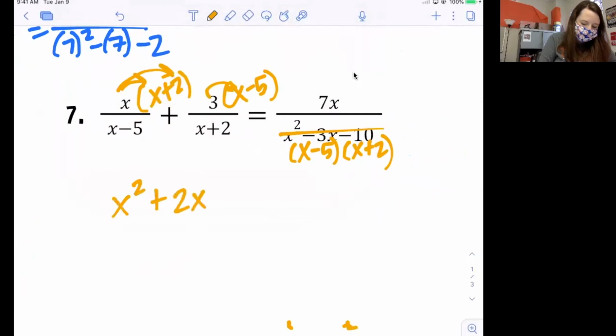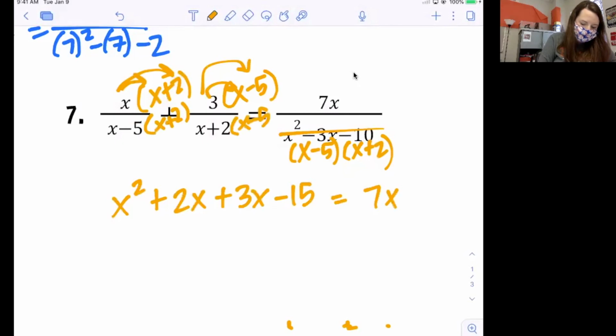Here I'm distributing a 3 and there's a plus sign between, so plus 3x minus 15 equals 7x. So they would all have the same denominator of x minus 5, x plus 2, so I can just work with my numerators. So I'm going to combine those two things together. x squared plus 5x minus 15 equals 7x.